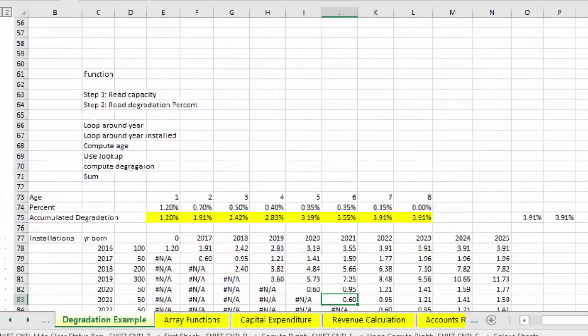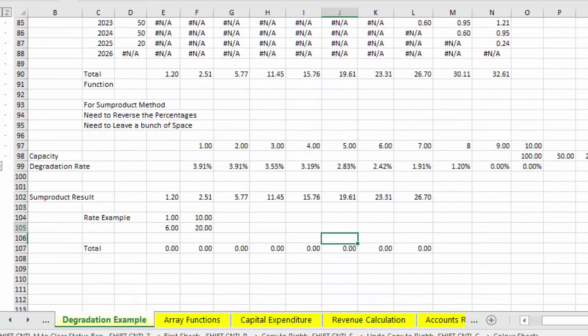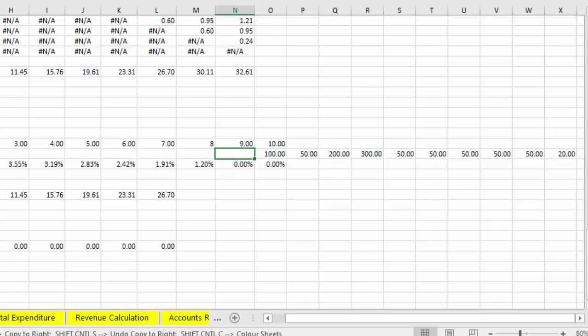Now you could do this one, but it's a little messy. You have to reverse these for 350 periods or whatever, the life of the project, and then you'd have to move this out far enough so you can start here.